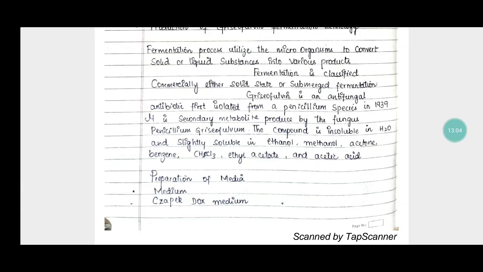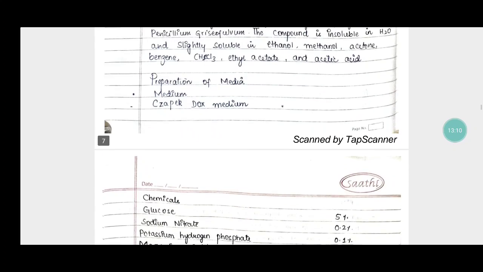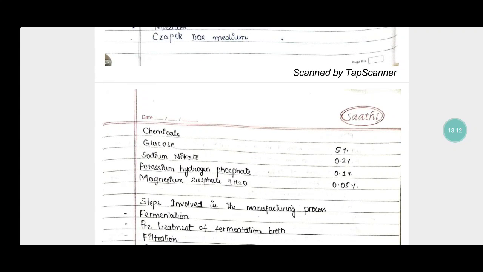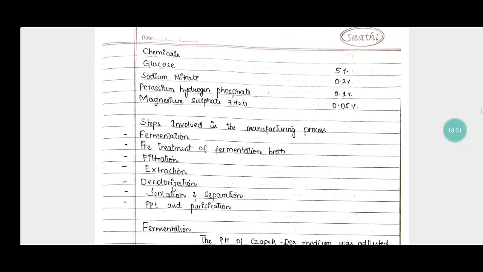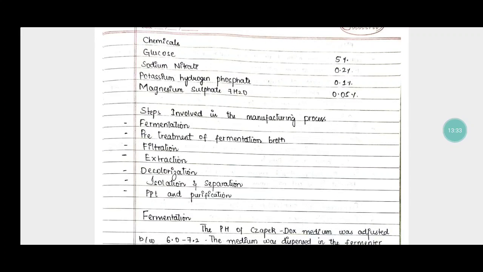The preparation for the fermentation of griseofulvin uses Czapek-Dox medium, and the chemicals used are glucose, sodium nitrate, potassium hydrogen phosphate and magnesium sulfate heptahydrate, that is MgSO4.7H2O.